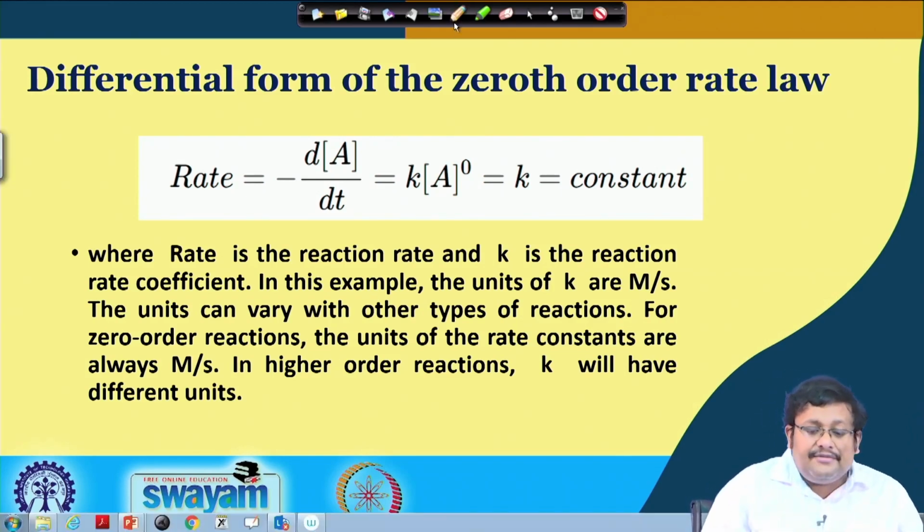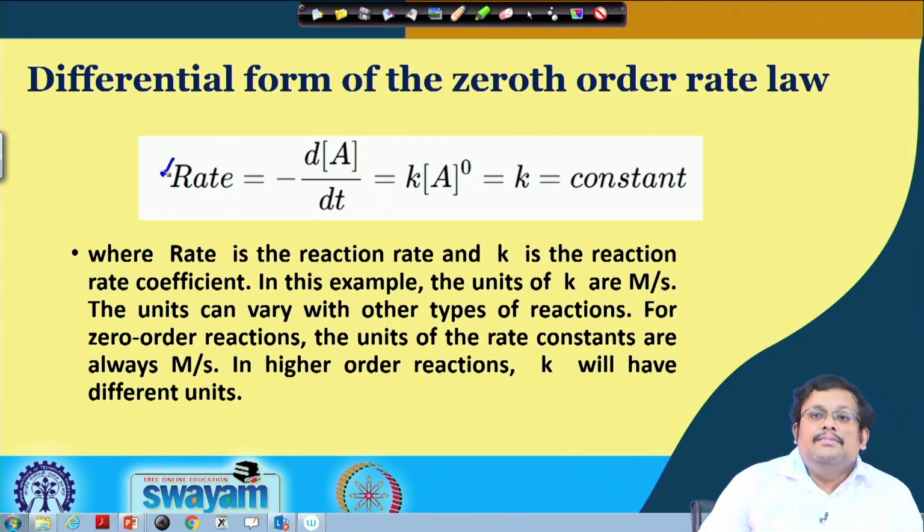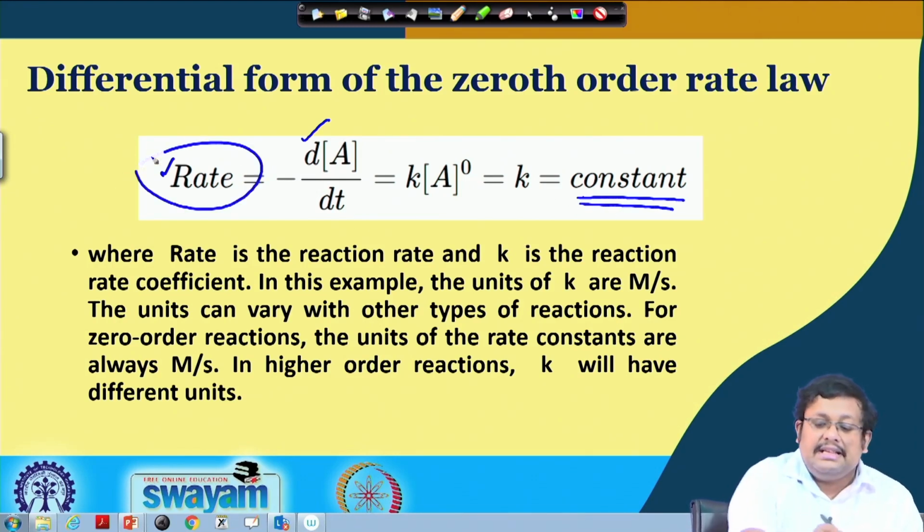In the differential form, the zeroth order law basically says, as indicated by its definition, the rate of the reaction, which is denoted by minus dA by dt, is equal to k times the concentration of A to the power 0, which is basically k. So, which is a constant. So, here rate is equal to constant.